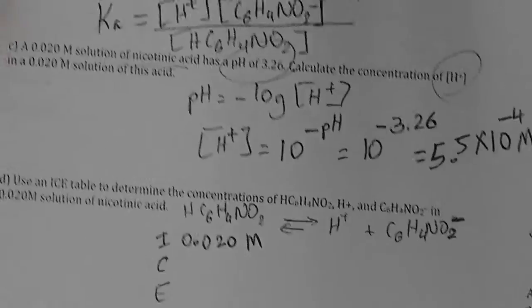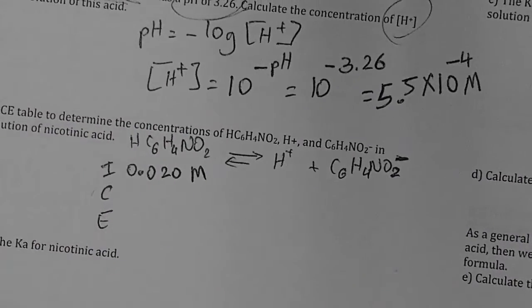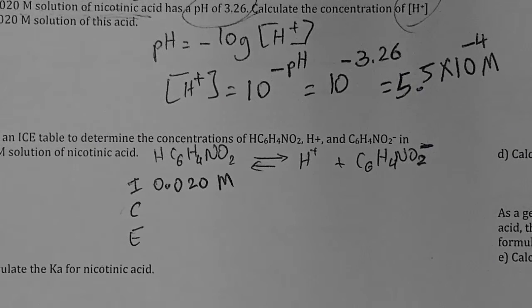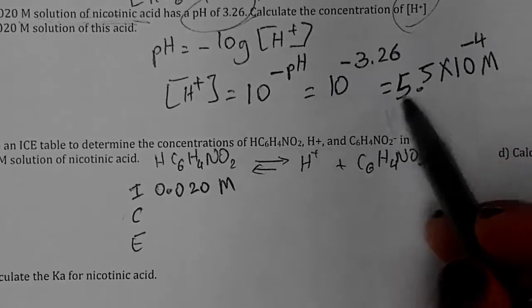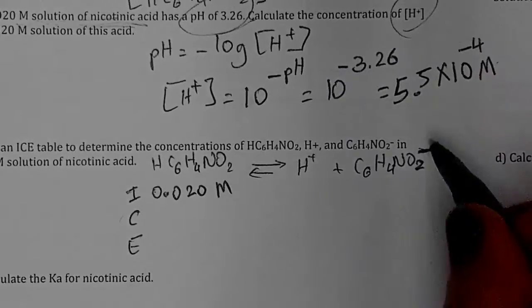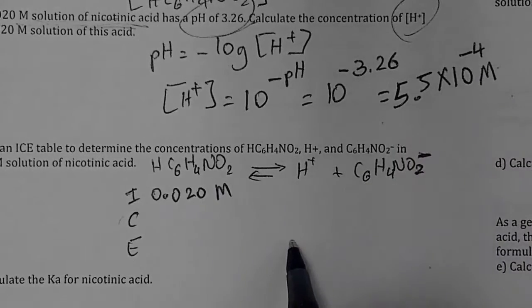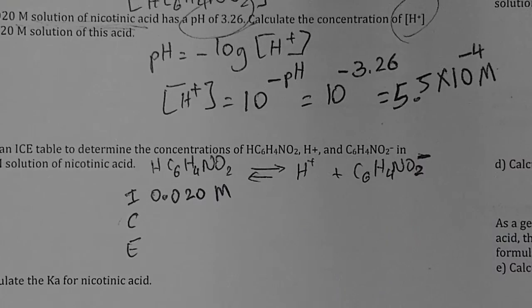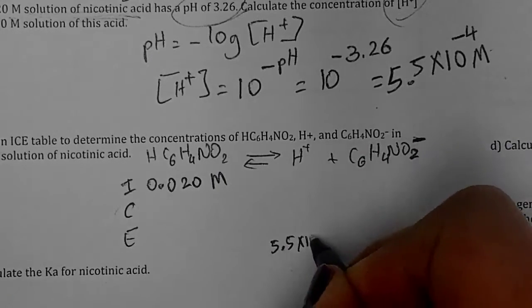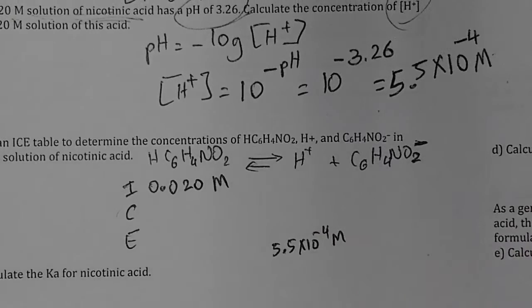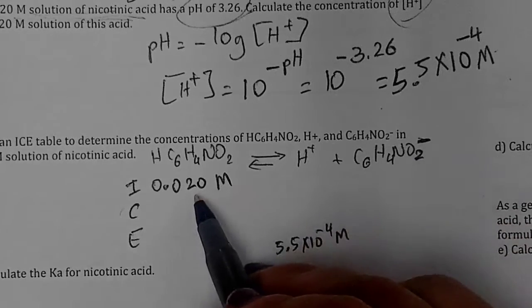Pretty much that's it. Now, notice it's parts A, B, C, so that means we can pick up the answer from the previous part. If you look at the previous part, I have H plus. I'm going to use it. Notice this H plus number is what? Is it I, C, or E? E is the equilibrium number, okay? So 5.5 times 10 to the negative 4 molarity. We can backtrack it and calculate what happened. Since we said this is a solution, these we're going to assume 0.